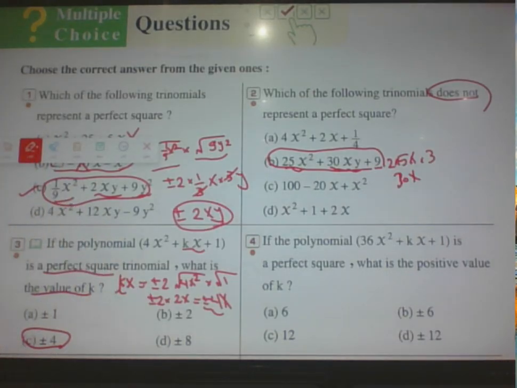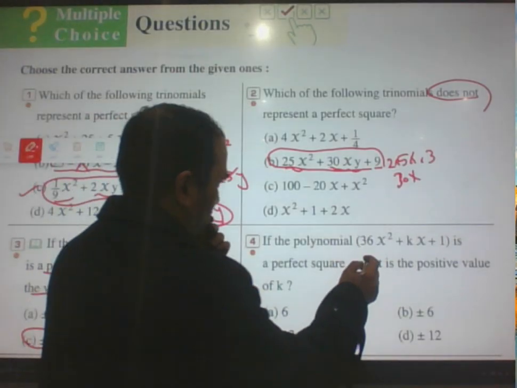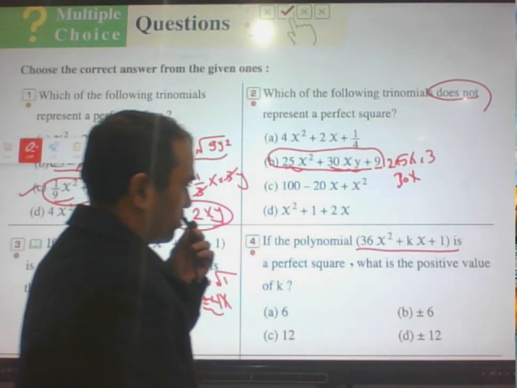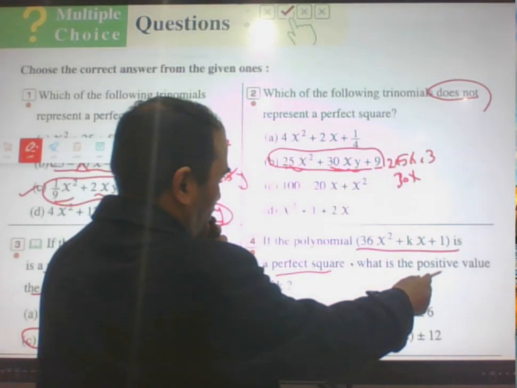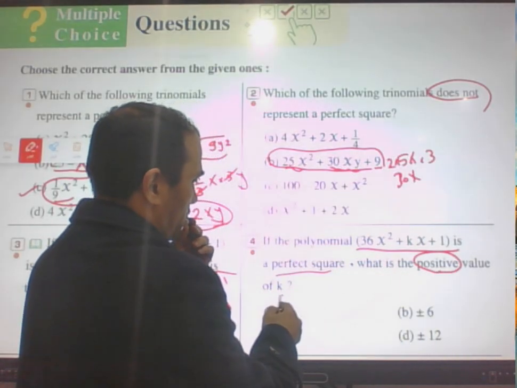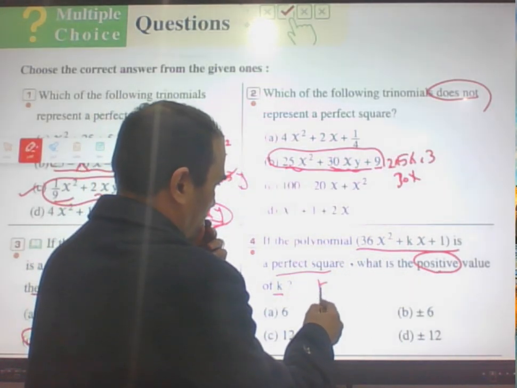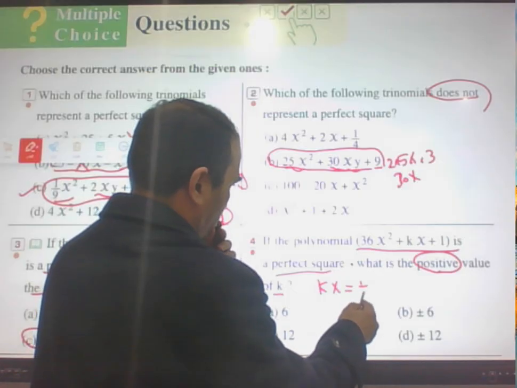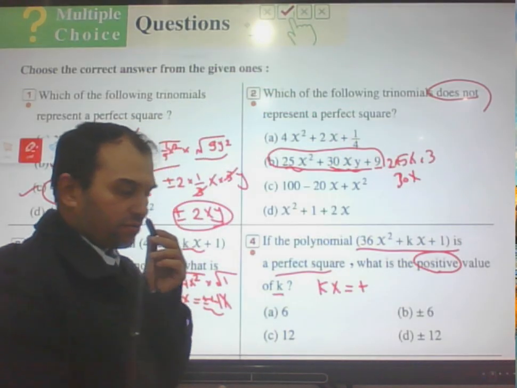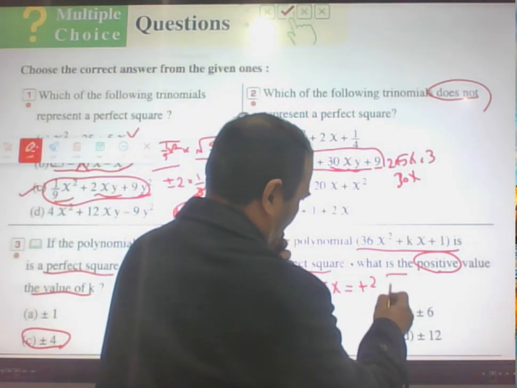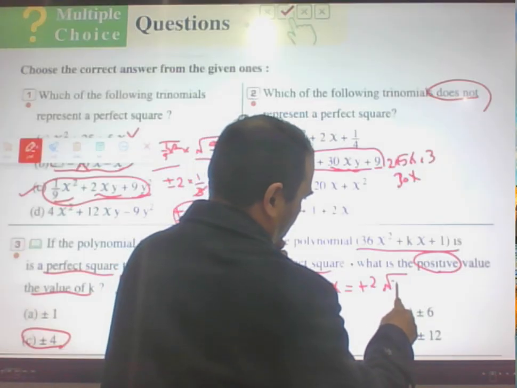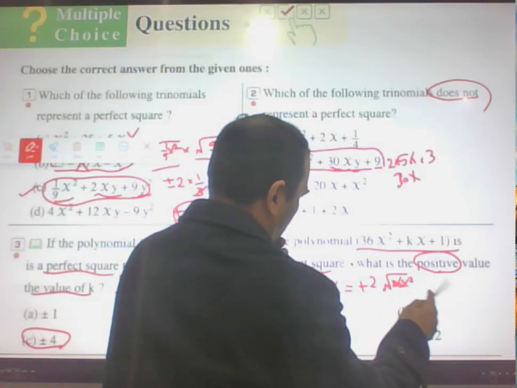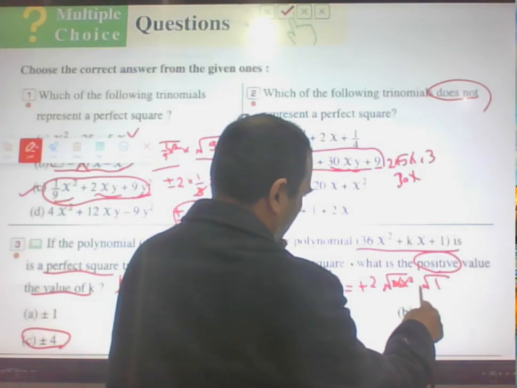Okay, next question, number 4. If the polynomial 36x power 2 plus kx plus 1 is a perfect square, what is the positive value of k? K here lies in the middle. He asked about positive. Then we write the rule: positive 2 times the square root of the first, 36x power 2, times the square root of the third.